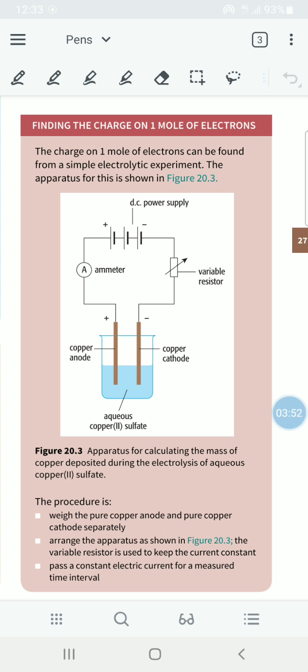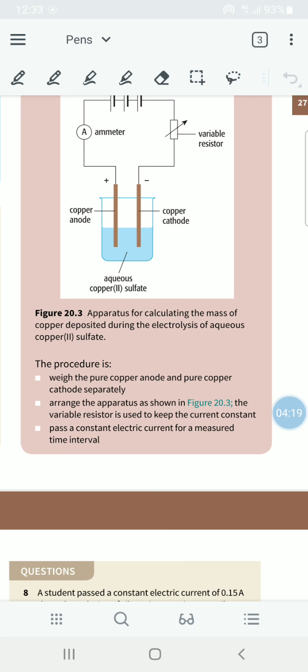The procedure is that we weigh the pure copper anode and pure copper cathode separately. Then arrange the apparatus as shown in the diagram. The purpose of the variable resistor is to make sure that our current is the same throughout our experiment.